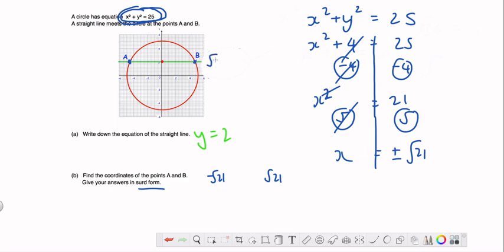It's root 21 along the corridor. And how many up the stairs is it? Well, we already know it's 2 up the stairs. So we already knew that. And on the other side, it's the negative value. The coordinate of A is minus root 21. And it's 2 up the stairs. Right, so that answers part B.